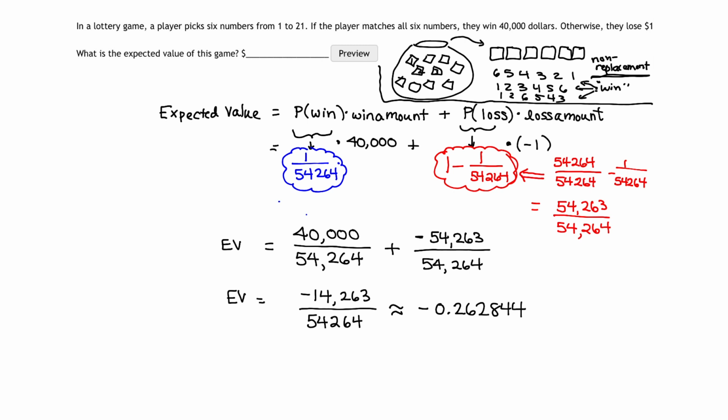And again, because it's a dollar amount that we're talking about with expected value, we're going to round to the nearest hundredth or 2 decimal places. And so the expected value for this game would be 0.26, but negative. In other words, a loss of about 26 cents for playing this game.